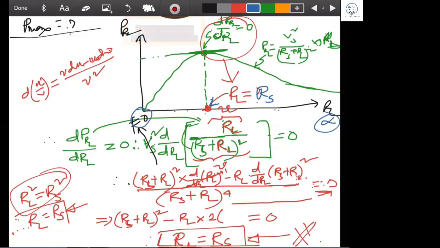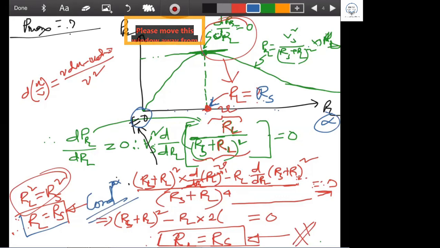RS is fixed. The internal resistance of the battery, or transmission line resistance, is fixed. When RL is equal to RS, at that time you get the maximum power. That is the condition we found. This is the condition for maximum power transfer.